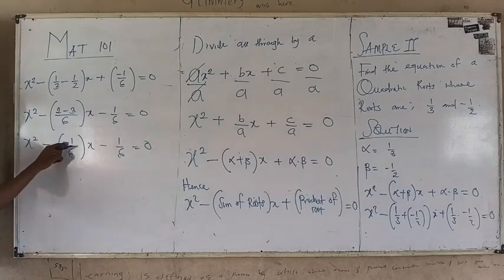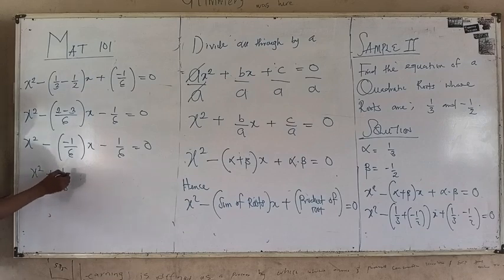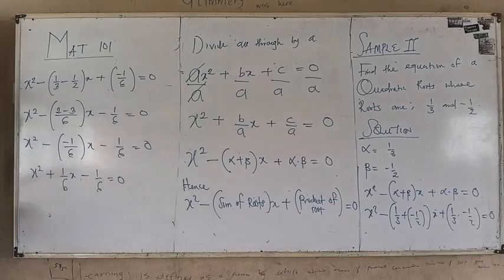So the minus multiplies the minus, that's x squared plus 1 over 6 x minus 1 over 6 equals to 0. Am I supposed to leave my answer this way? Why? A quadratic should never be in the form of a fraction. It should be a linear equation.